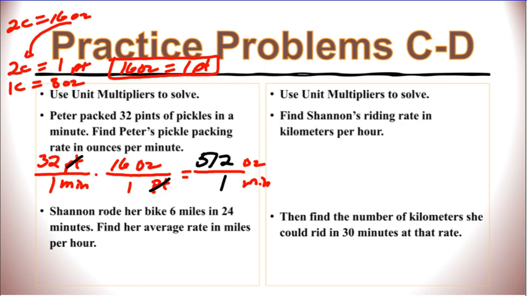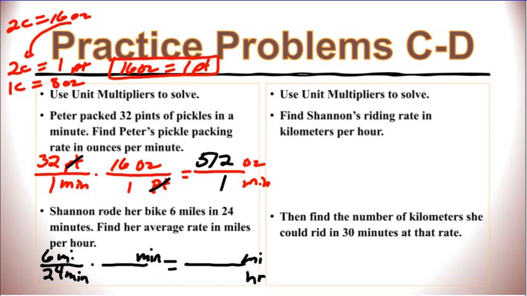Next one, Shannon rode her bike 6 miles in 24 minutes. Find her average rate in miles per hour. So now I need to go from minutes to hours. So minutes needs to go on top, hours needs to go on the bottom.